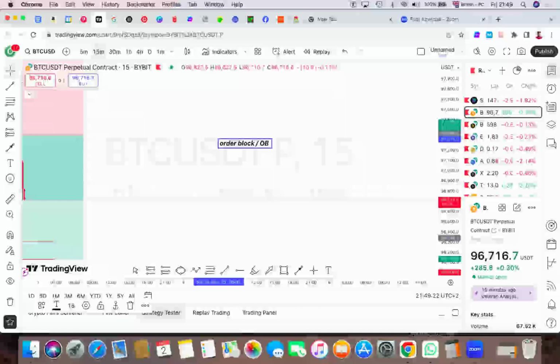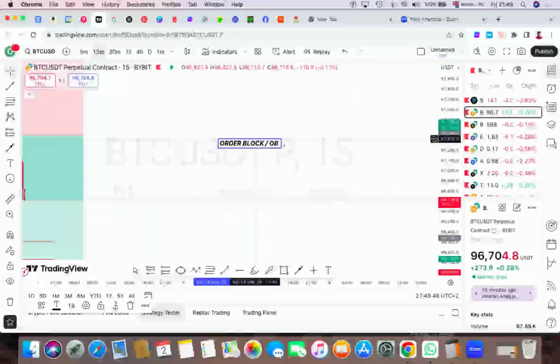In our charts, when you see us draw and name it OB, it's still saying the same thing, order block, right? Let me cancel this and get the label so it makes everything neat.